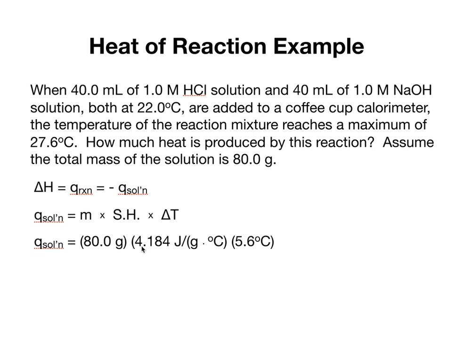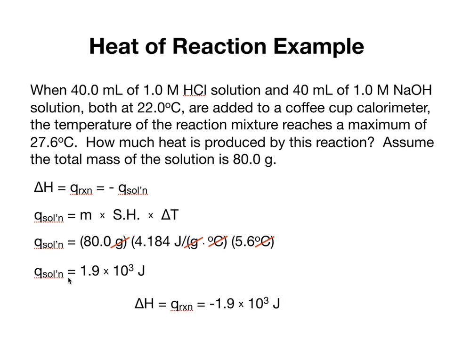The specific heat of water is 4.184 joules per gram per degree Celsius. Delta T, the temperature went up, 5.6 degrees Celsius. If we cancel out the grams and the degrees Celsius, we're left with joules, which is what we want. That's an energy unit. When we multiply these, we get 1.9 times 10 to the third joules. That is the heat of solution.